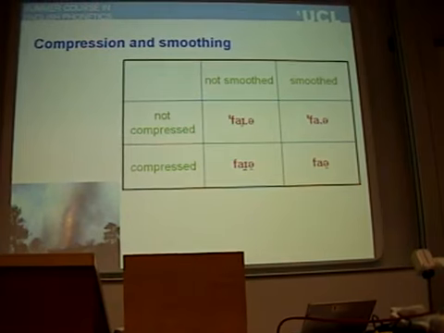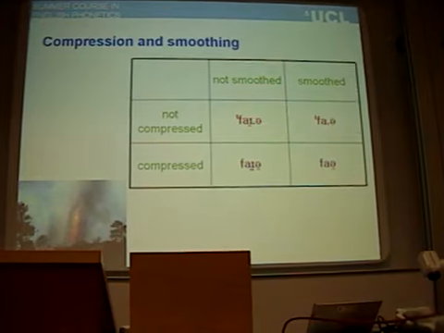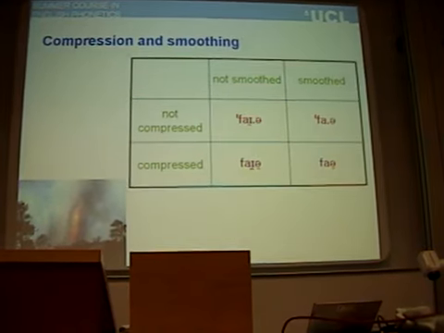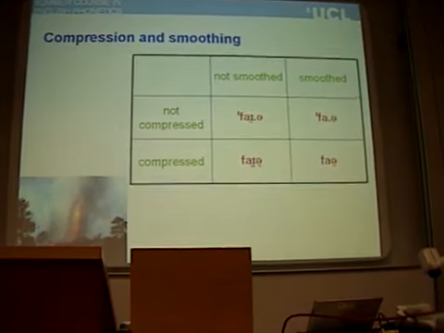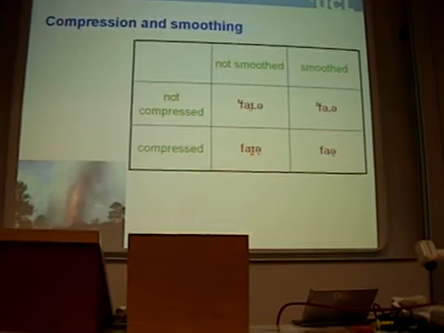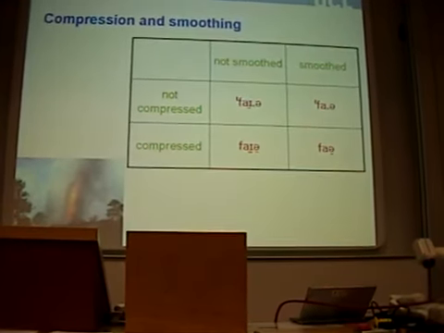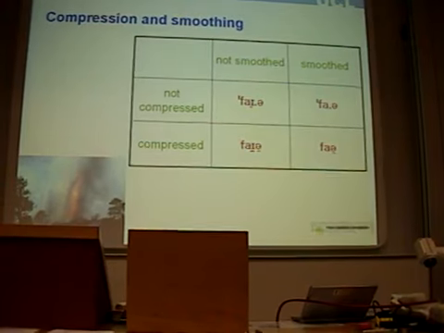Going across, we have smoothing, which means we lose the non-syllabic I bit. And that gives us a two-syllable pronunciation, fa. Vertically, we have a different process. Vertically, we have compression. Compression changing two syllables into one.